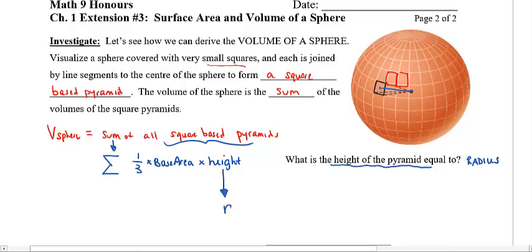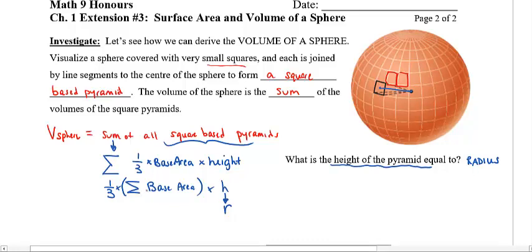So I'll call that R. Now, I'm going to take the 1/3 and move it in front and put the sum over here, the sum of the base areas, times the height, H, and H is equal to R.